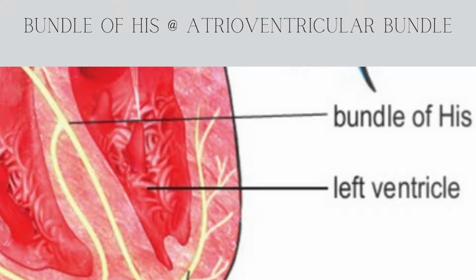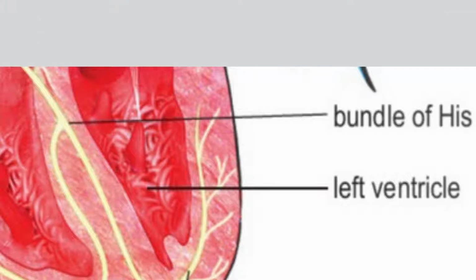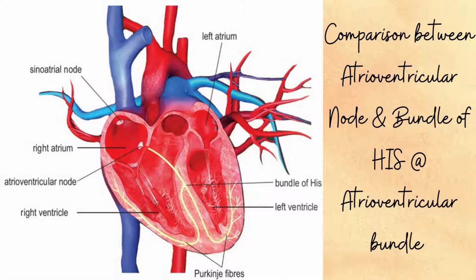So this bundle is located near the left ventricle. For better understanding, please do not confuse the atrioventricular bundle, aka the bundle of His, with the atrioventricular node. This is the atrioventricular node, and this is the bundle of His, or the atrioventricular bundle. Okay?